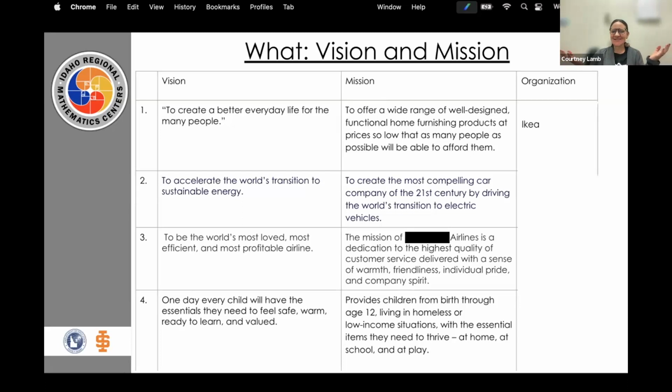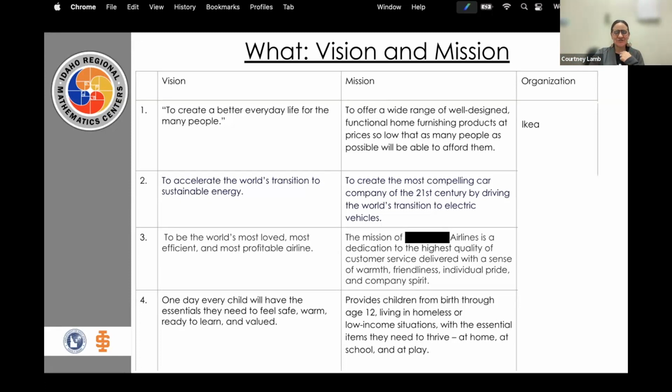Isn't it interesting that we could guess that just based on their vision and mission? Could you have gotten it just from the vision? I think it's interesting the way they word it, for the many people. Maybe that was a clue, but definitely that mission gave us that clue.